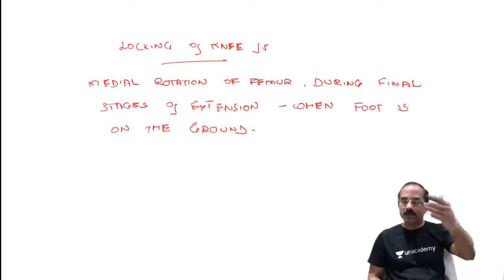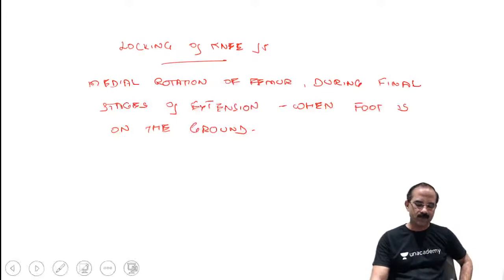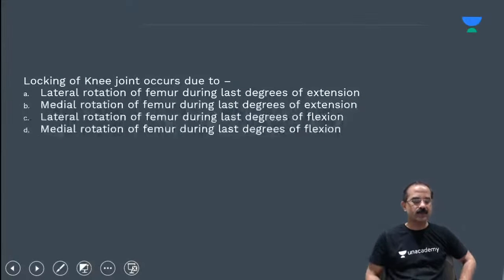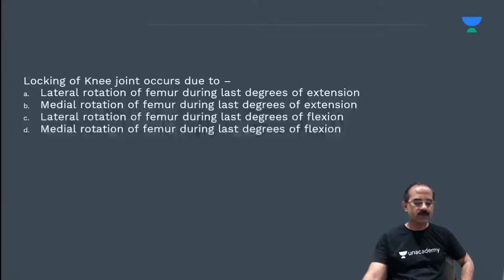Now, which is the nerve which is coming to supply these muscles? Have a look. Okay, answer this MCQ. Locking of the knee joint occurs due to. Yes, students, answer.